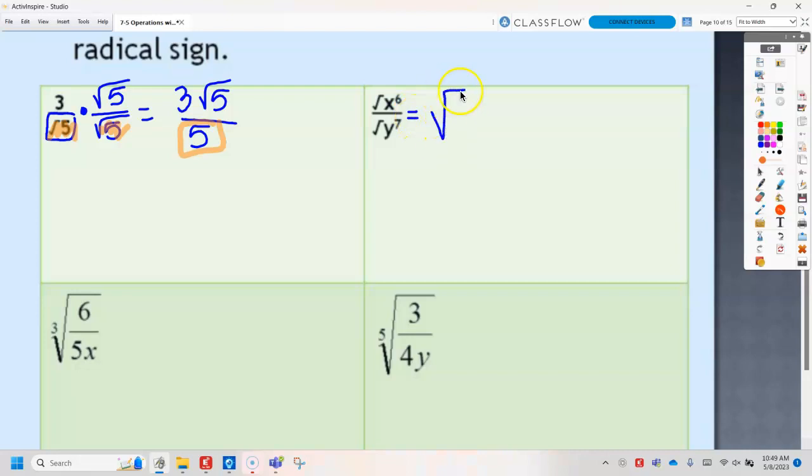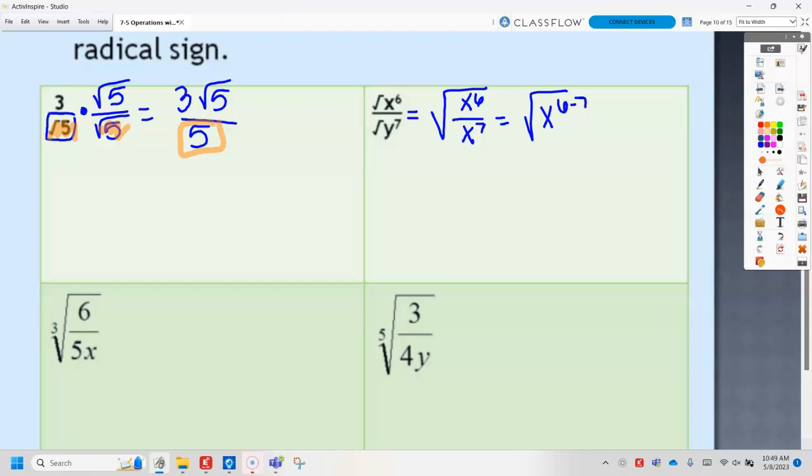This one is a case where you would want to make one fraction before you try to rationalize. The rule for dividing variables is top minus bottom. So this is like x to the 6th over x to the 7th, or 6 minus 7.